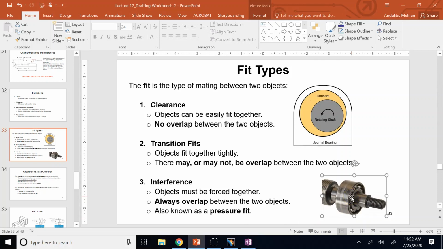What is interference fit? That's the type of fit that you need a lot of force and sometimes heat to make it happen. Why? Because the size of the shaft is actually a little bigger than the hole. So in order for the shaft to be able to get inside the hole, you need to apply heat to the inner ring to make it expand, and probably low temperature to the shaft to make it shrink, and then use force to make the shaft get inside the hole.